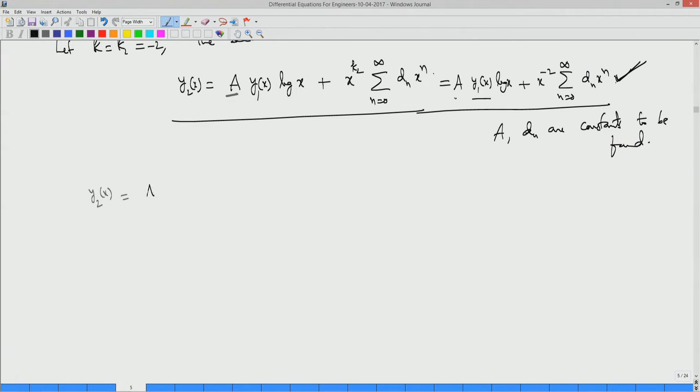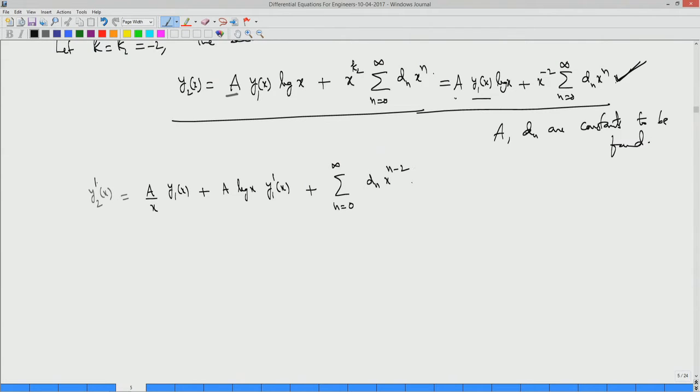y2 is a times y1 log x plus the series. Let us calculate y2 dash. You get a y1 of x by x, since I differentiated log x, and then plus a log x y1 dash of x, plus here you simply differentiate the series once, n from 0 to infinity of dn x power n minus 2.